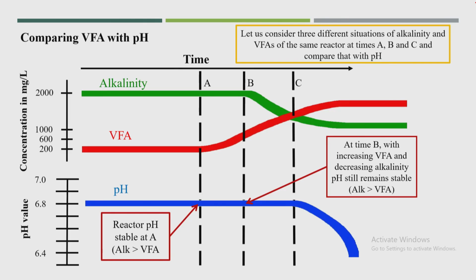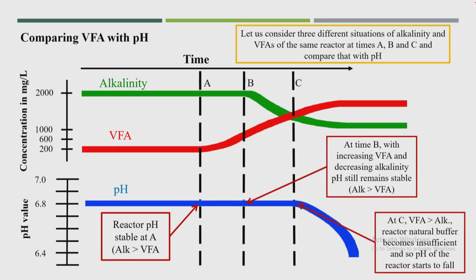Until then pH will not be affected, because in the same condition the alkalinity is more than VFA. But at stage 3, the VFA is now more than alkalinity or almost equal, and the reactor's natural buffer becomes insufficient. So, the pH of the reactor starts to fall.